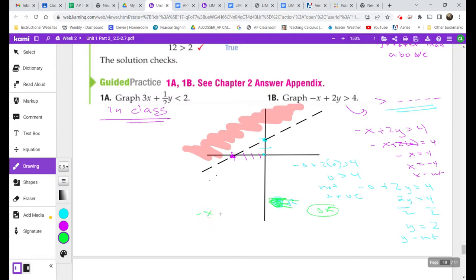Negative x plus 2y is greater than 4. I'm going to add x to both sides. That's supposed to be a 4 there, guys. 2y is greater than 4 plus x. And I'm going to divide both sides by 2.